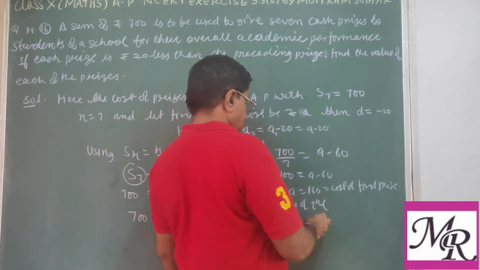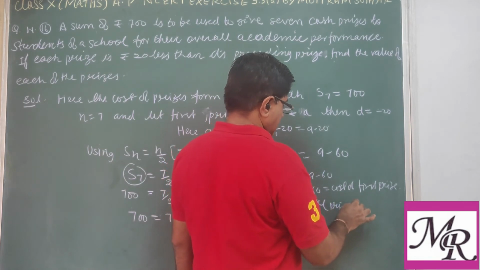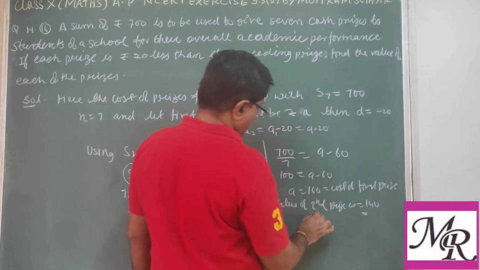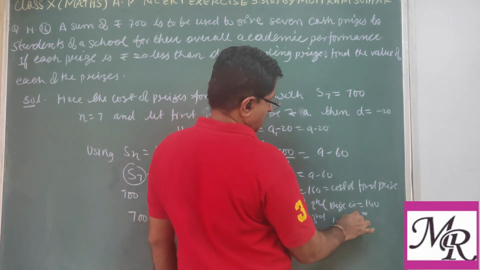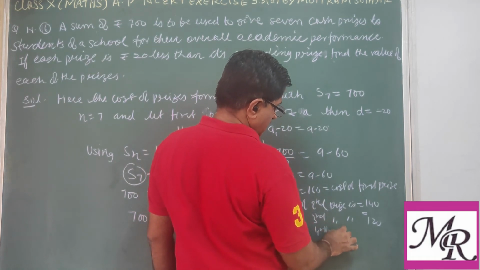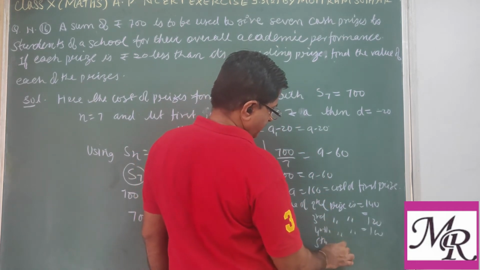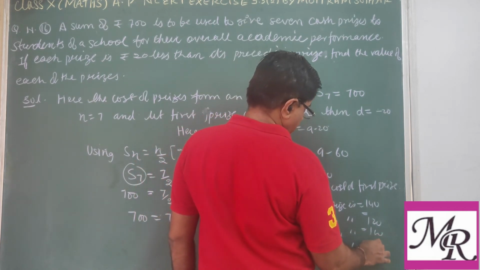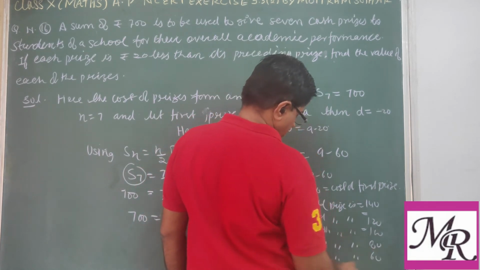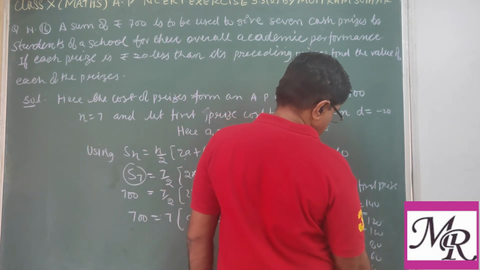So the value of the second prize is 140, then the third prize is 120, fourth is 100, then fifth is 80, and sixth is 60, and the last, the seventh prize value, is 40.